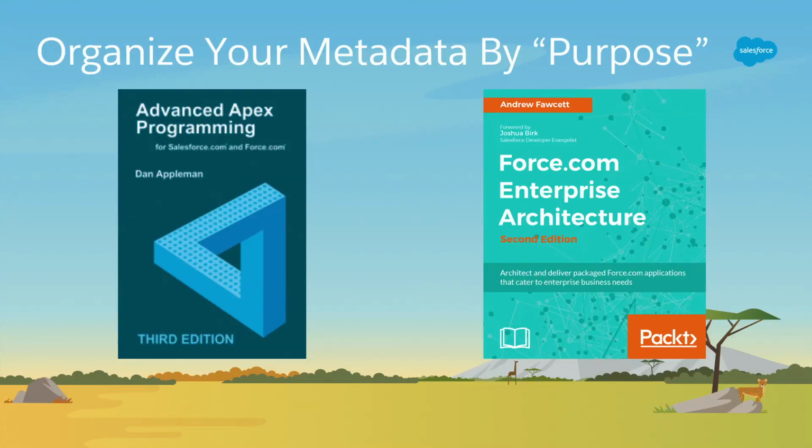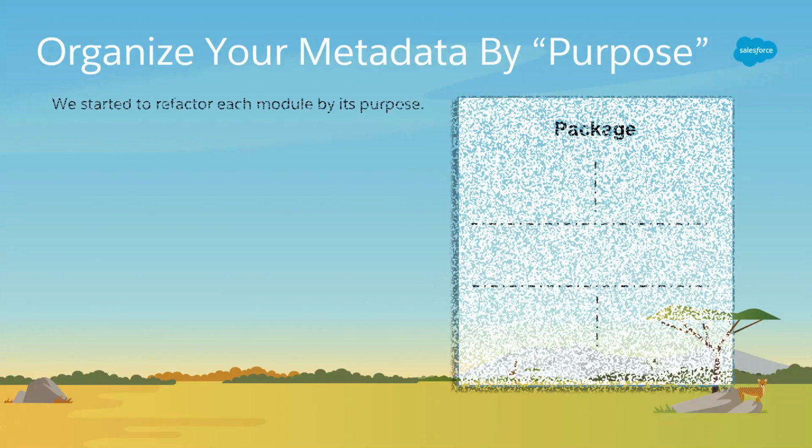Dan draws out the importance of modularizing your code base, centralizing your code base, and the techniques and examples that he's done. Andy Fawcett takes a different stem, and his book is a lot about separation of concerns, and those concepts teased out originally by Martin Fowler in his great work about principles of enterprise architecture, but this is an adaptation to Salesforce.com. These are great ways to organize your code by purpose.